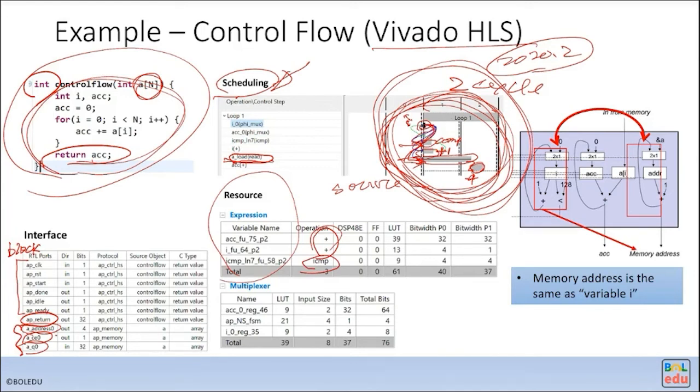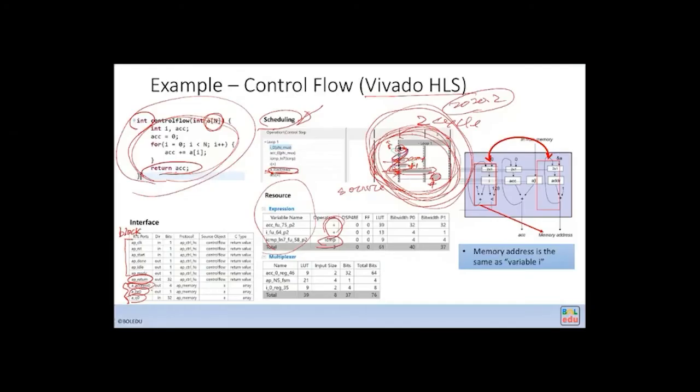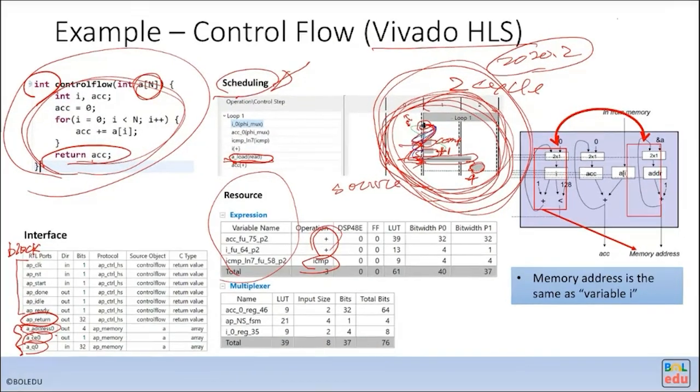However, to access this array element, of course you need I. You also need A, right? You need A plus I to access.